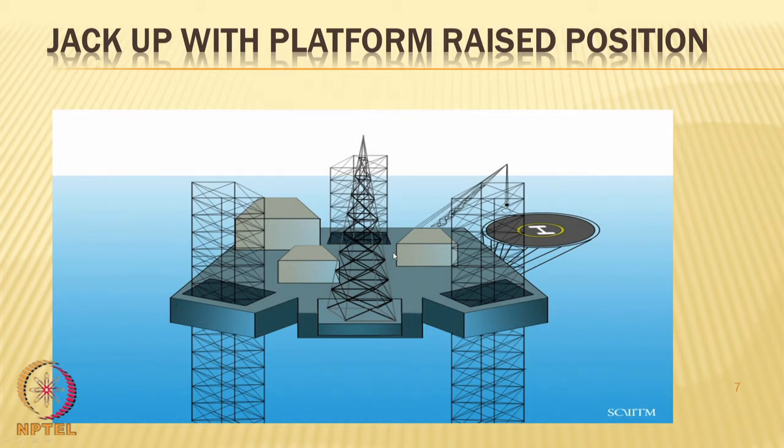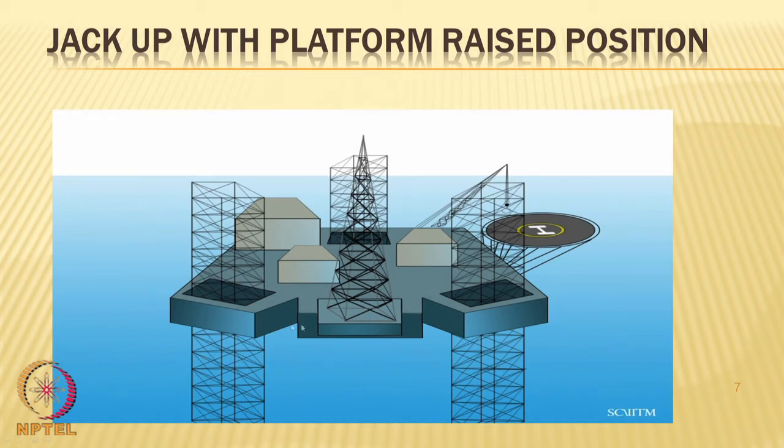The hull has all facilities like living quarters, electromechanical equipment, heli deck, crane lifting, etc. Usually when the jack-up rig is afloat, these legs will be pulled up and the hull will be at the bottom and it will float.